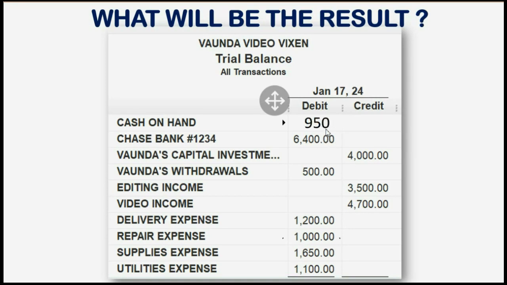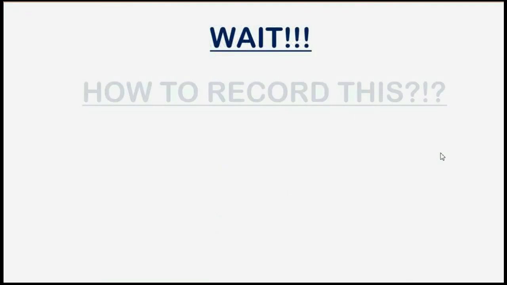Well, the cash on hand has $600 more dollars, so that balance should increase to $950, and the company Chase bank account has $600 fewer dollars, so that should decrease to $5,800. But wait a minute. How do we record this?